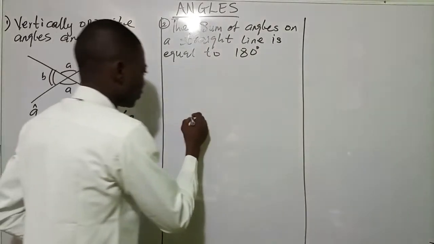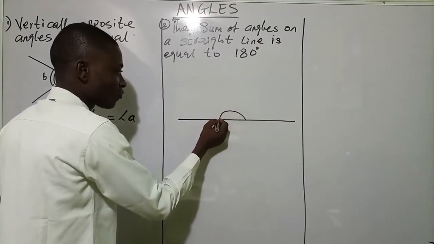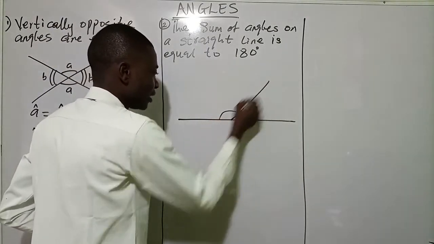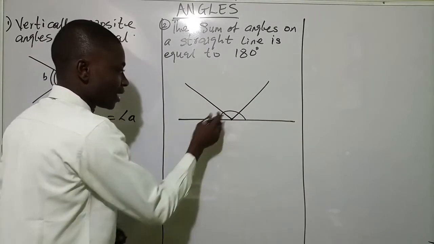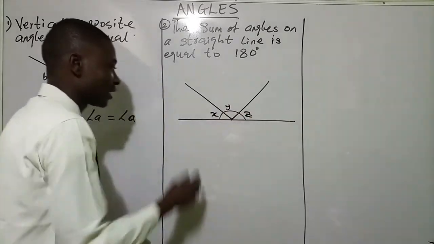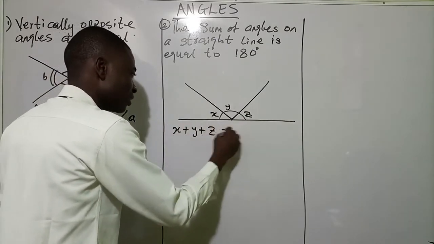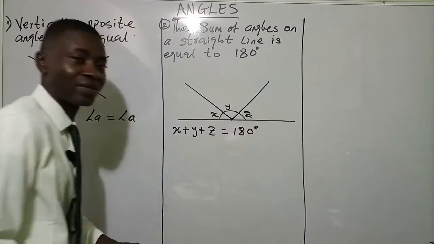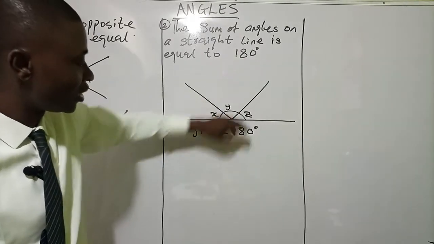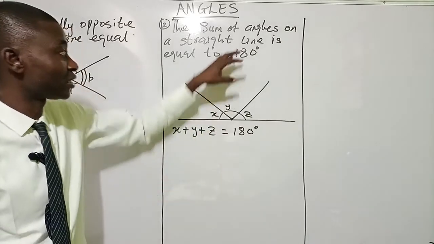What does that mean? For instance, I have a straight line like this. The sum of all the angles on it is equal to 180 degrees. For instance, I can have something like this, with angles x, y, z. Then x plus y plus z is equal to 180 degrees. If I add the value of x, the value of y, and the value of z, it will give me 180 degrees. That is what this means.